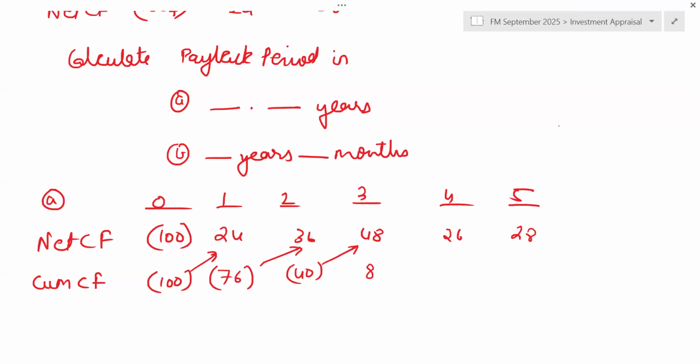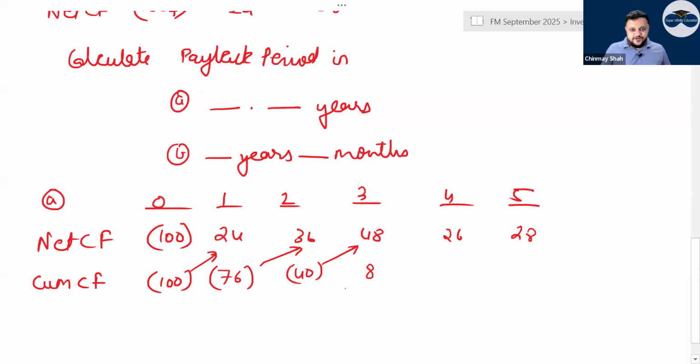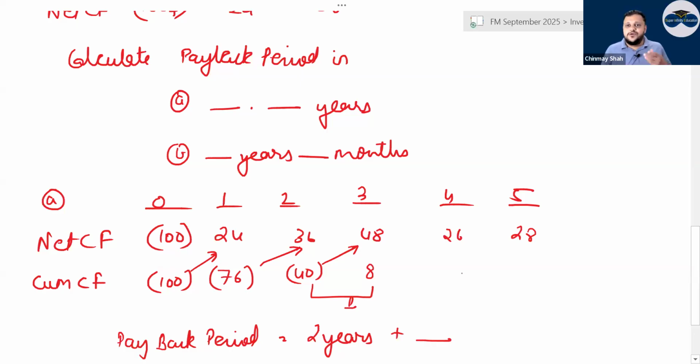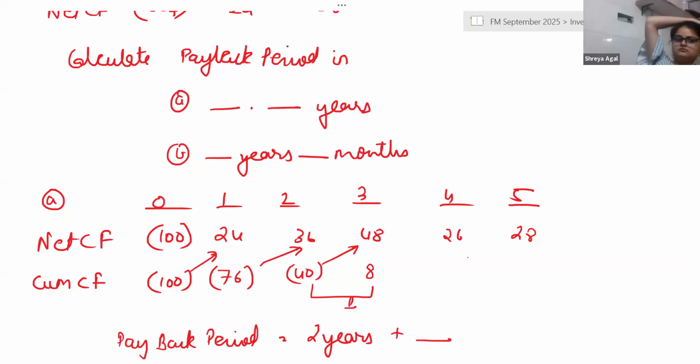So the payback period is 2 years plus certain points. How do you find those points? How much were you required to receive in the third year? Required to fulfill 40.